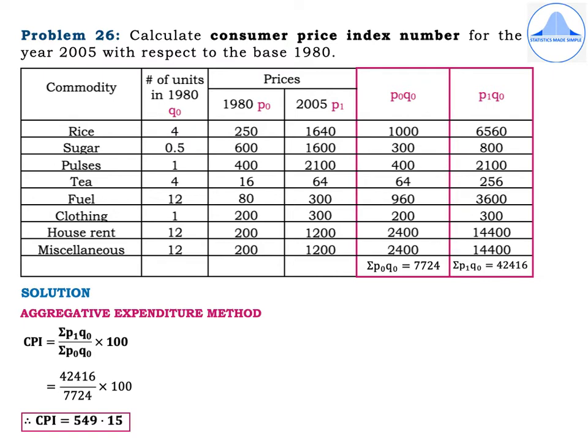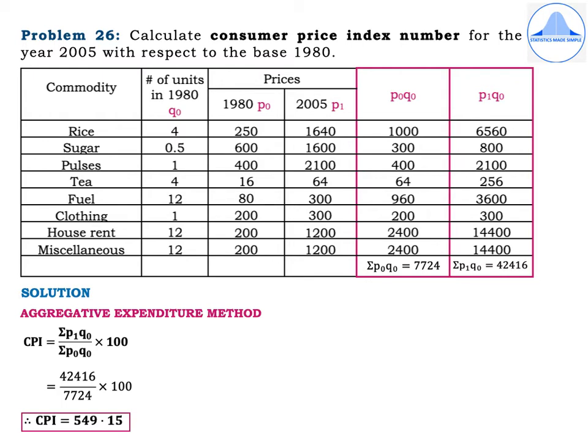Now, since the prices in the base year and current year are given and the number of units in 1980 are given, that means the quantities of the base year are given, the formula which we can use is the aggregative expenditure method. So, mark the second column as Q0, the prices in 1980 as P0, the prices in 2005 as P1. So under the aggregative expenditure method, CPI is equal to summation P1 Q0 divided by summation P0 Q0 into 100.